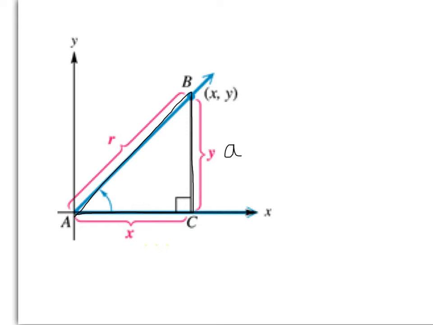Please note that it is across from angle A. Similarly, the base we call lowercase b because it is across from capital B. And the hypotenuse we call lowercase c, and it is across from capital C. Now, right now I'm using the word across from. The correct terminology is opposite.